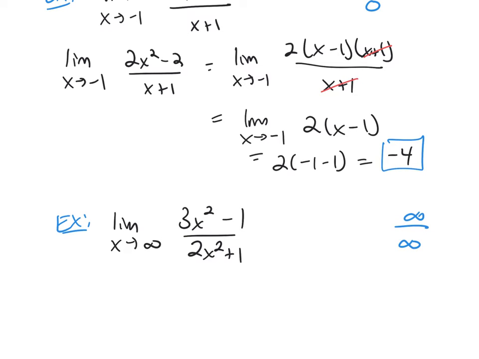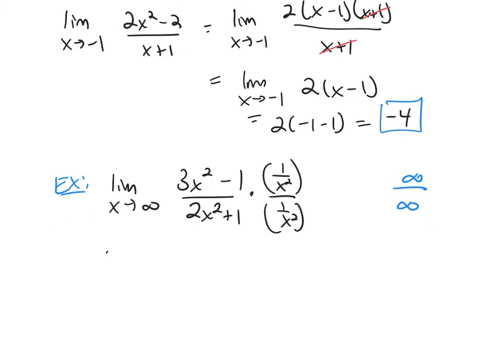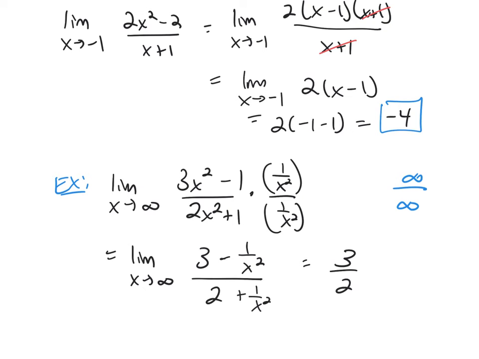So what we did here is we multiplied top and bottom by 1 over x squared. So we're just multiplying by 1. We're not changing anything. And so we'll get 3 minus 1 over x squared over 2 plus 1 over x squared. And we got 3/2 for this limit.